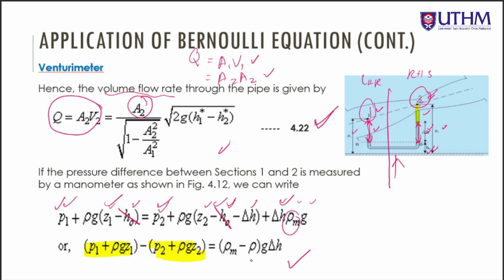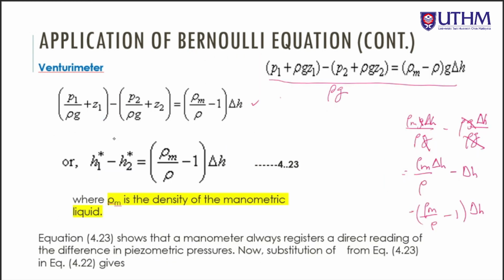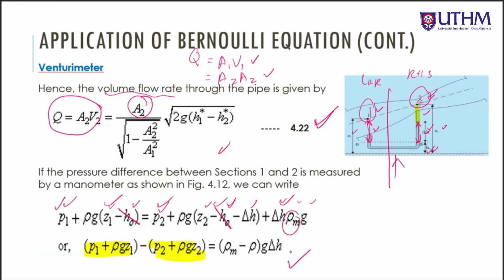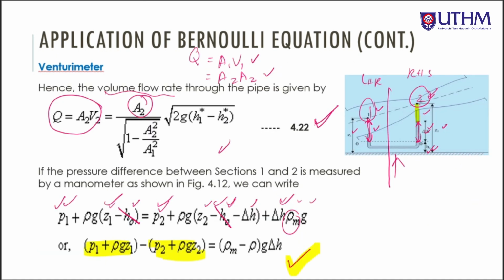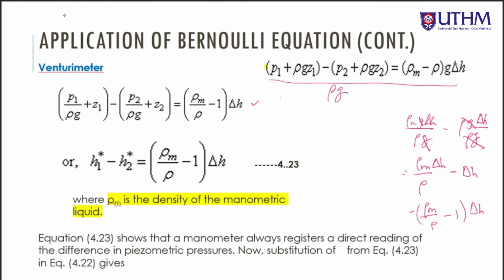Okay, so tak apa, just kita susun dulu dalam bentuk ni. Okay, and then kita dah tahu yang ni adalah equation yang bawah ni tadi. Okay, so apa kita buat? Kita divide everything by rho g. Kita akan dapat this equation.